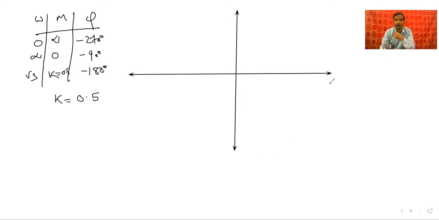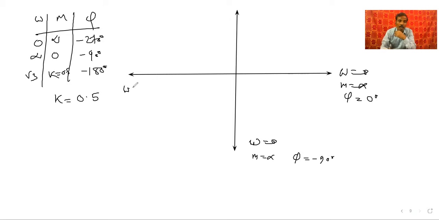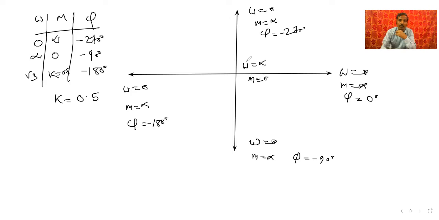Put here omega equals to 0, m equals to infinity, phi equals to 0 degree, then minus 90 degree, minus 180 degree, and minus 270 degree; omega equals to infinity, m equals to 0.